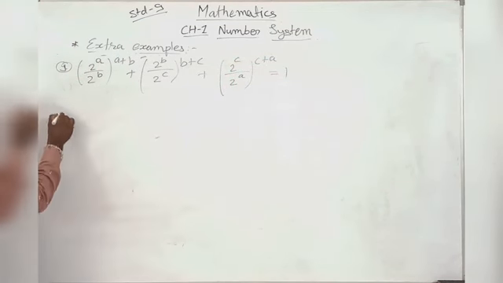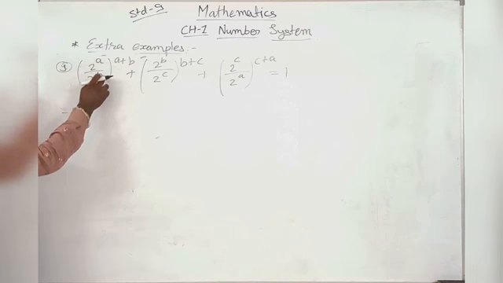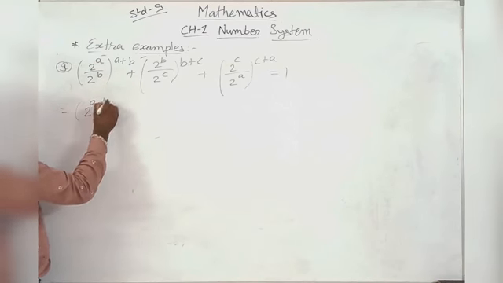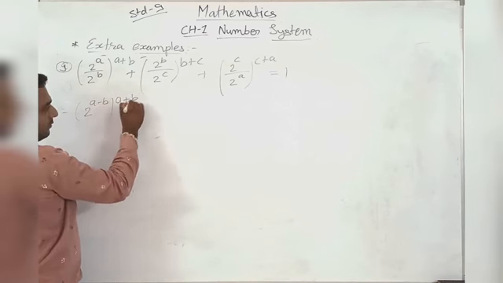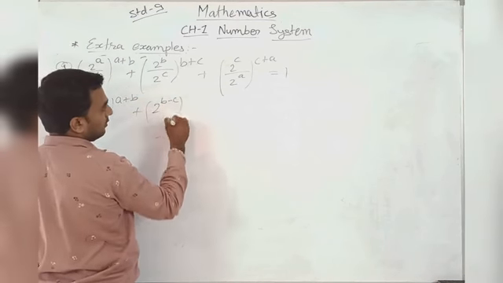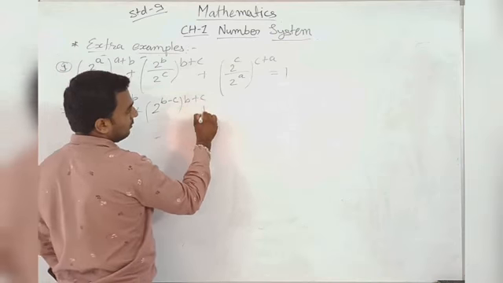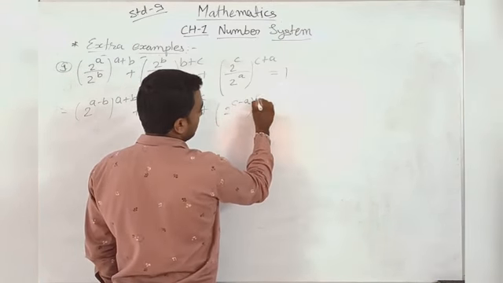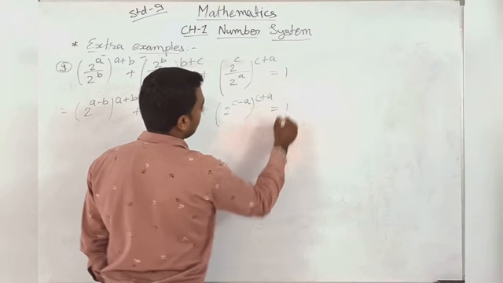Now see here, we know that this is 2 raised to a, 2 raised to b, so it is in the divided form in the denominator. So the bases are the same. So we can write 2 raised to a minus b, a plus b, here 2 raised to b minus c, b plus c, plus 2 raised to c minus a, c plus a is equal to 1.